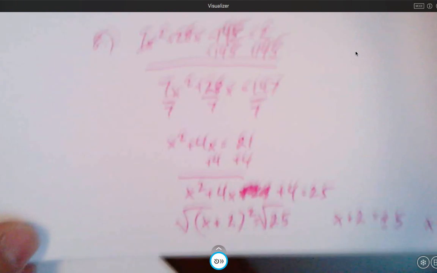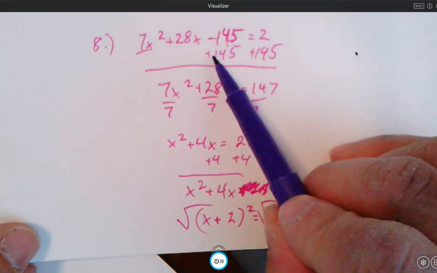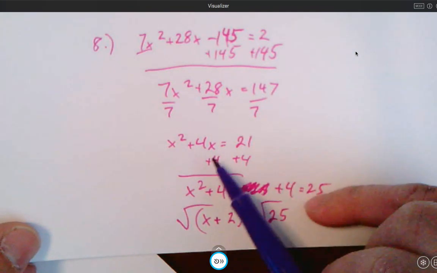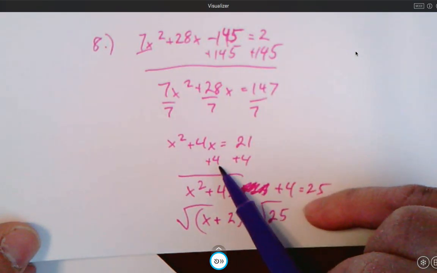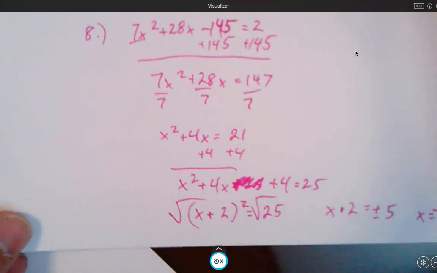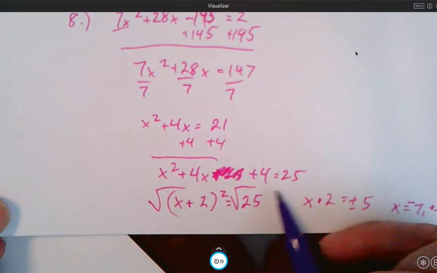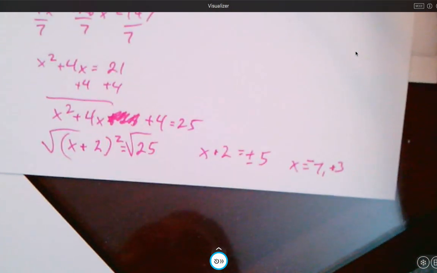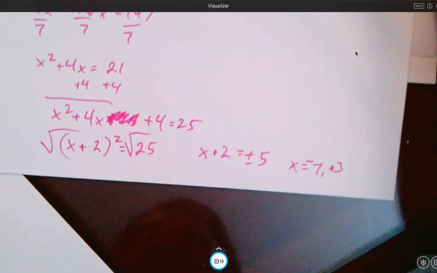And number 8, this one I pushed it to the right first. So add 145 to both sides, divide everything by 11, and then you complete the square, and you end up getting another double perfect situation, and it comes out to -7, 3.